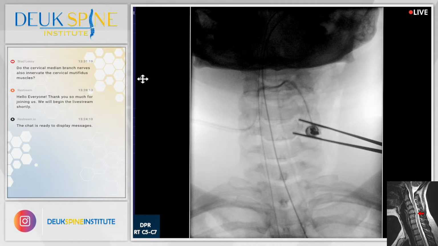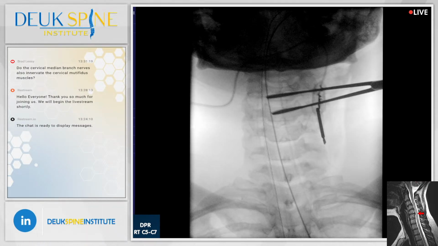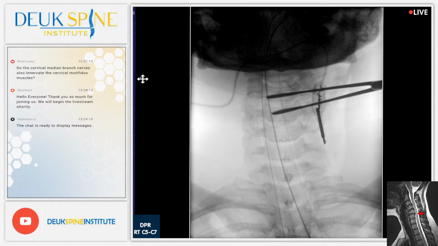Just about done with this procedure. And then we're going to move to the Deuk laser disc repair. Do you see the location of that tip? That is literally as perfect as it gets. And what's interesting is she, unlike so many of our patients, doesn't have much arthritis or hypertrophy of the facet joint where you see bone spurs.